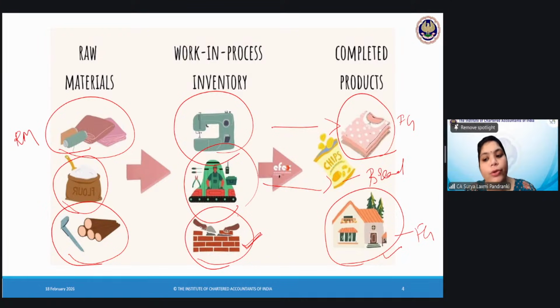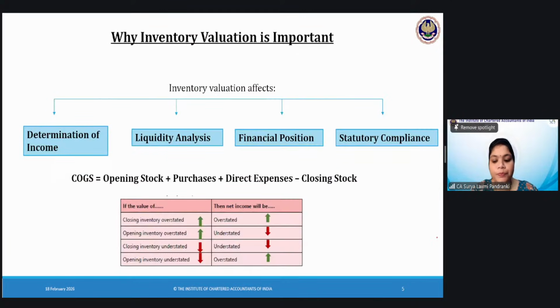But if it is a finished good, you can sell it. Mostly work in progress cannot be sold. In very few instances it is a different case, but mostly only finished goods are sold. So we are trying to bring raw materials into a finished good or completed product to sell it and generate revenue out of it. This is just an example I wanted to show you.